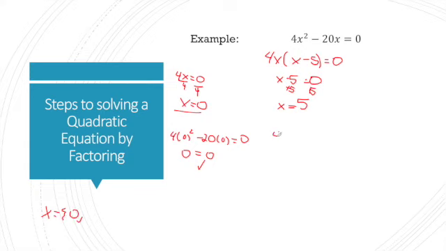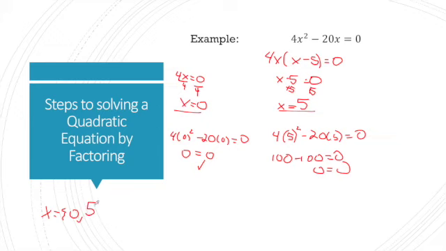If I take 4 times 5 squared minus 20 times 5, is that going to give me 0? Let's find out. 5 squared is 25. 4 times 25 is going to be 100. Minus 20 times 5, which is 100. So I have 0 equals 0. So this is also part of our solution set. So x is 0 or 5 in this case.